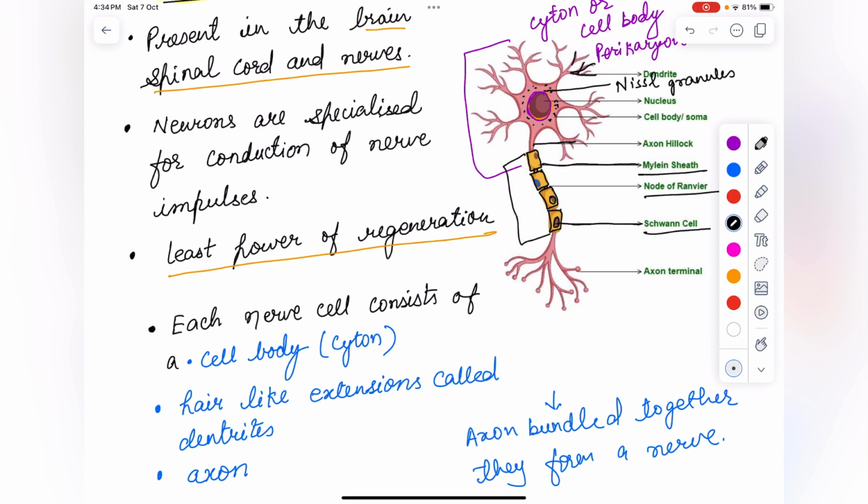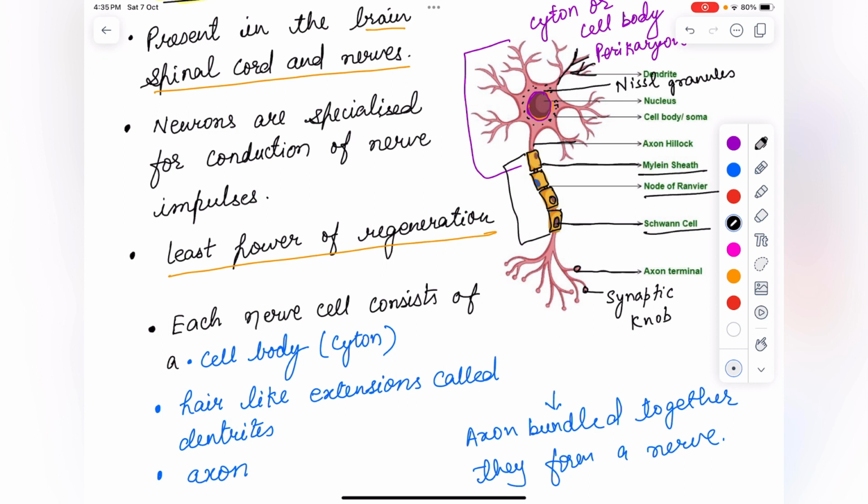This is axon terminal, or we can say nerve ending. This is called synaptic knob, and these are the dendrites. So the impulse will be received by the dendrites, and then it will go to the cell body, and it transfers from the axon to the nerve ending, and it transfers to the next dendrons, next nerve.